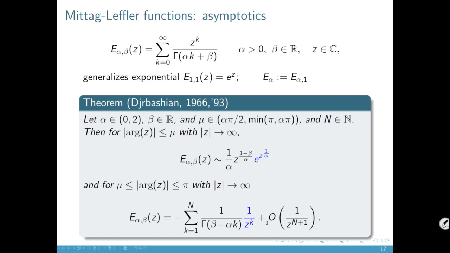For alpha and beta equal to 1, it's clear how it behaves. It behaves exponentially. But look here, there's a clear distinction between being in the positive real part half plane of the complex plane, or the negative real part half plane. With positive real part arguments, one actually has super exponential increase because it's 1 over alpha here in the exponent.